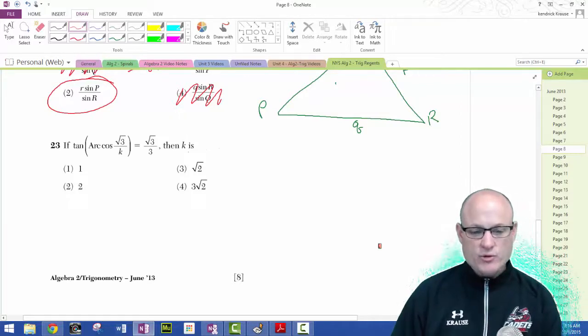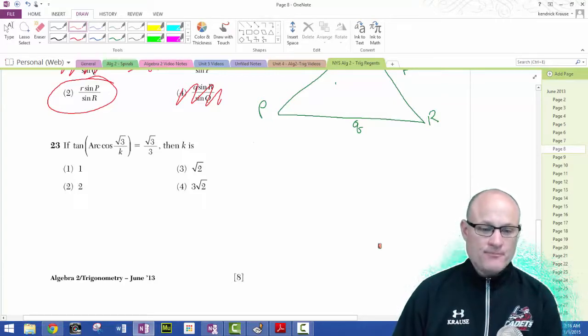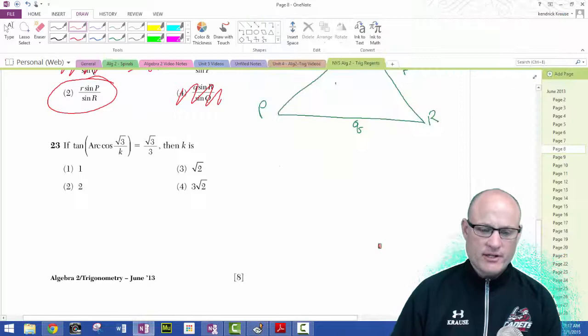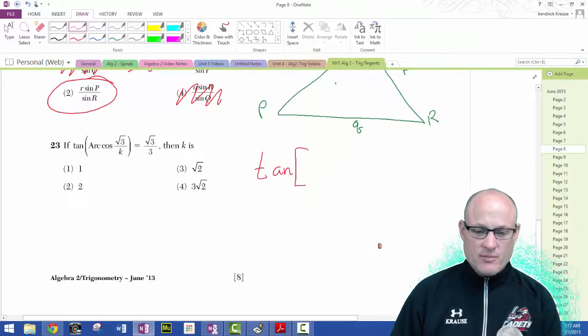I think you should be able to know a lot about angles. I'm pretty certain you can type this one in your calculator and get it. I'll do that at the end. So what this says is the tangent of some angle is going to be equal to the square root of 3 over 3.